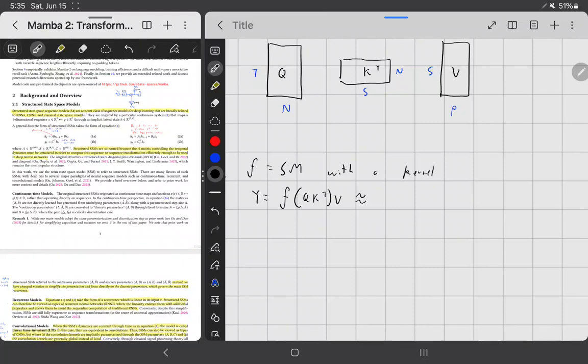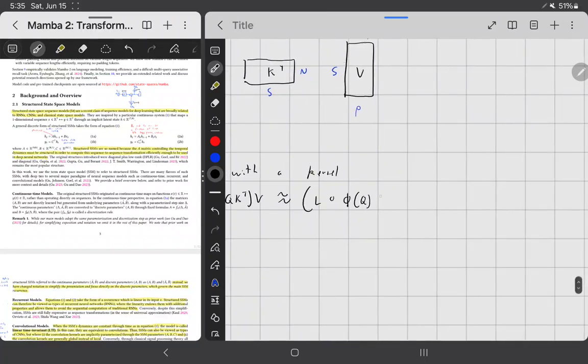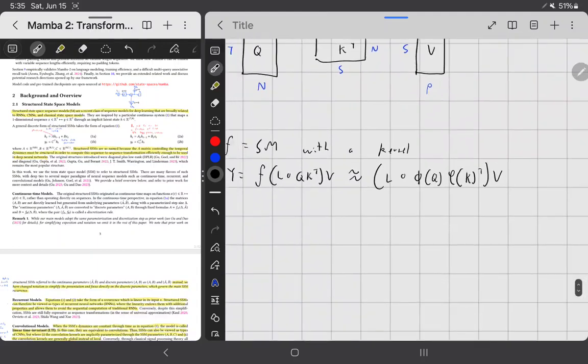Maybe that's softmax, maybe it's something else. Oh, I forgot the L. L of qk transpose and v. We can approximate it with L of some function of q and some function, I'll call it a different function, of k transpose, and then v.